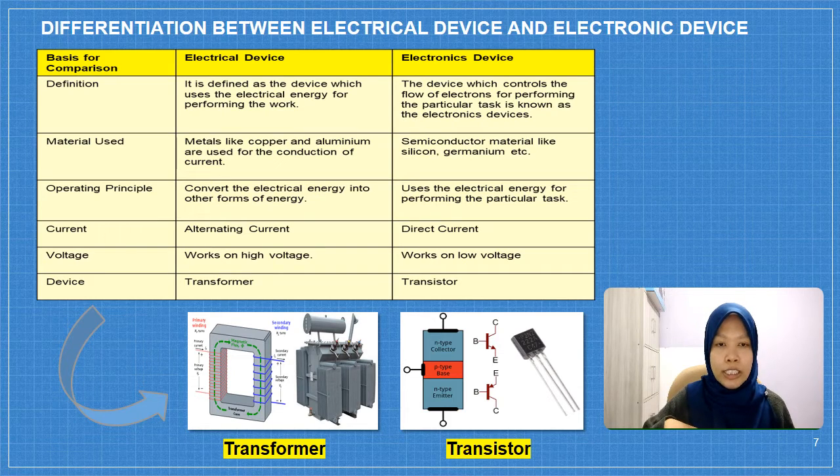Otherwise, electronic devices use direct current DC. For the voltage, electrical devices work on high voltage. Electronic devices work on low voltage. For example, the electrical device is a transformer and the electronic device is a transistor.